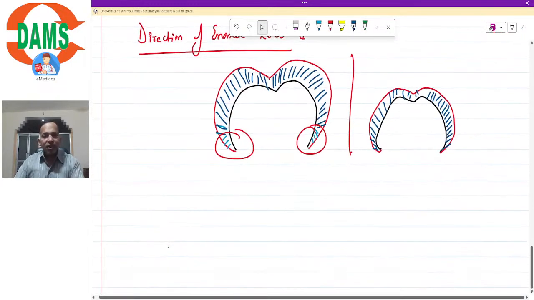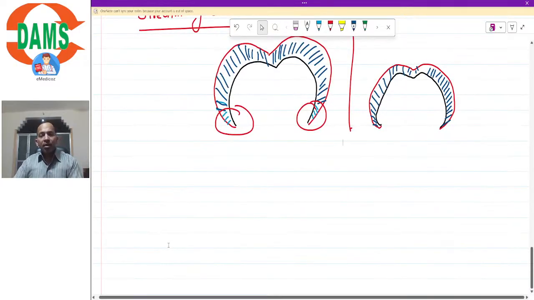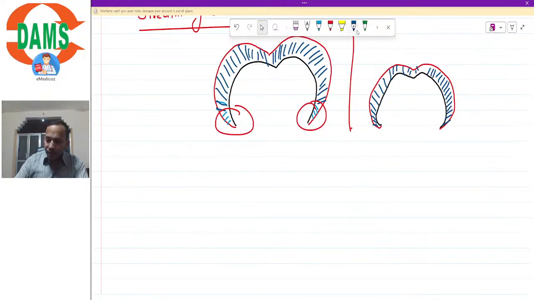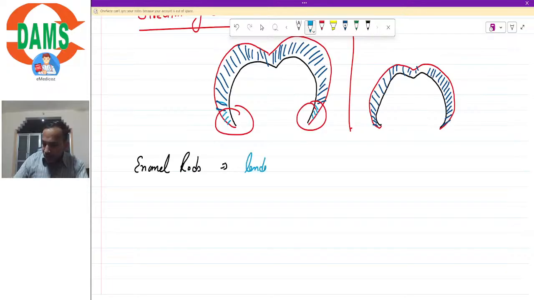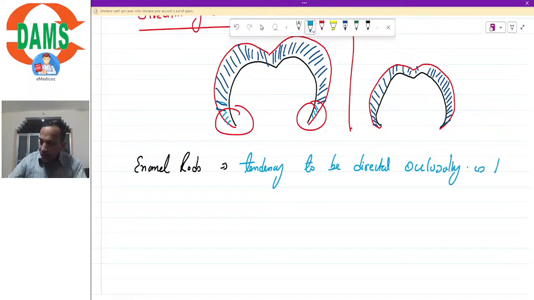But despite this difference, can we say, in general, the enamel rods have a tendency to move towards the occlusal surface, right? We can say that, right? The enamel rods have a tendency to be directed occlusally as they move out from the dentino-enamel junction.